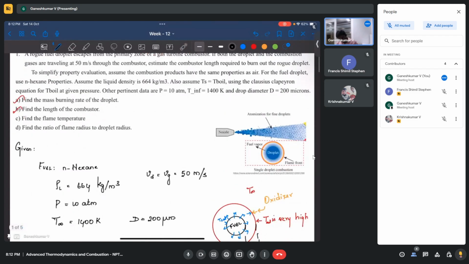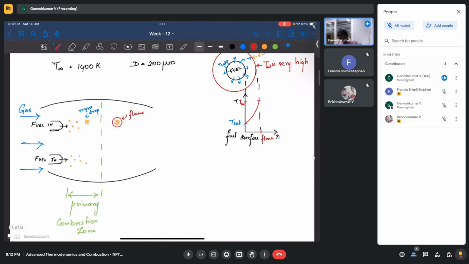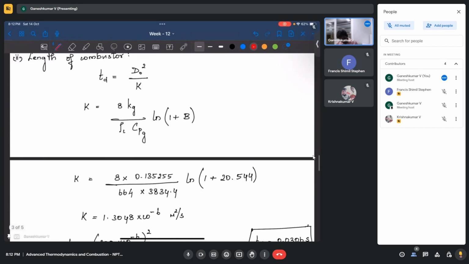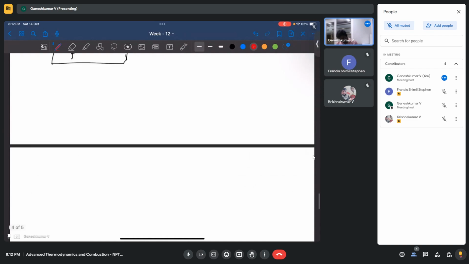So the final question is, find the ratio of flame radius to droplet radius. Okay, let's see. We can write it as flame radius to droplet radius, where the droplet radius is the radius at the surface.